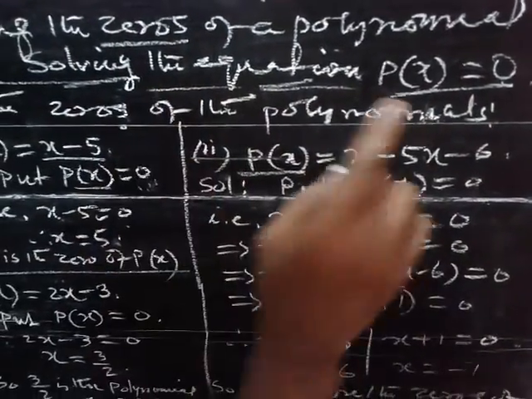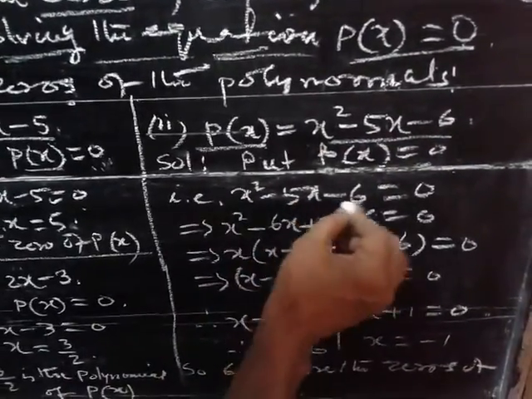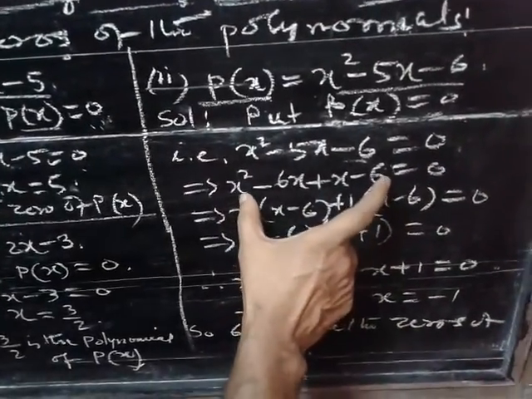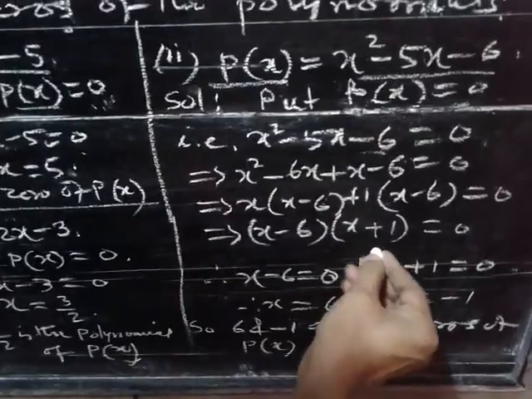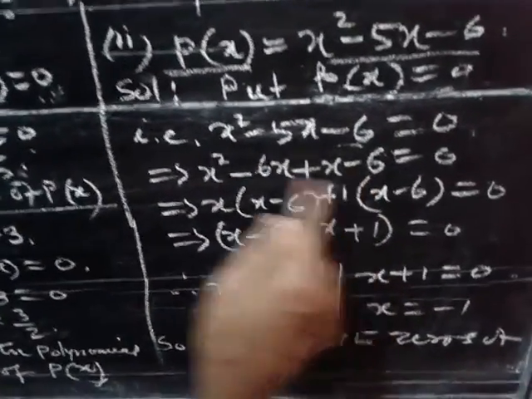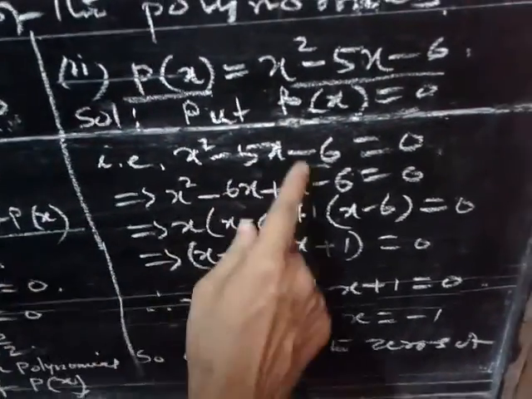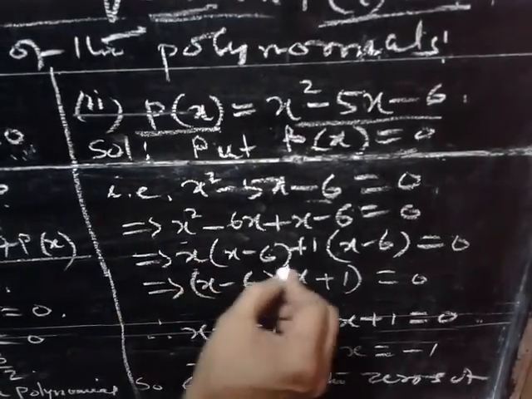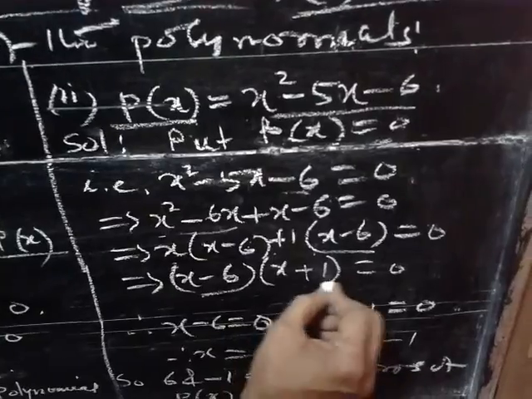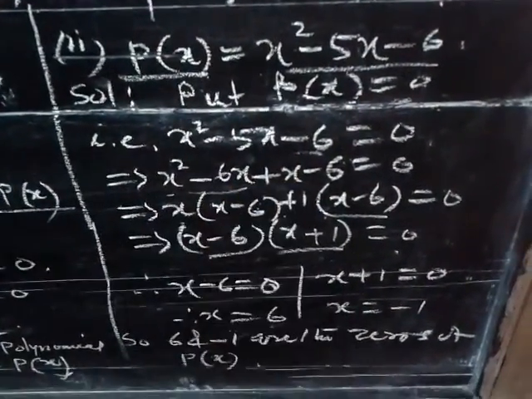Make this polynomial into factor form, using middle term splitting: x square minus 6x plus x minus 6. Just take x common from here: x minus 6, plus 1, x minus 6, so (x minus 6) into (x plus 1) is equal to 0. So these are the factors of this polynomial.